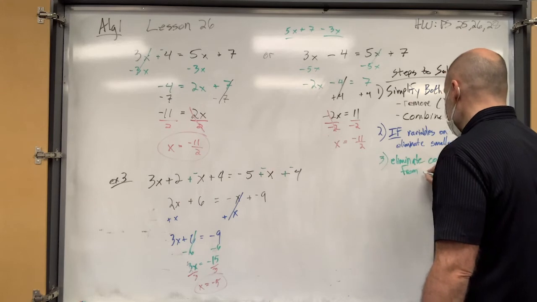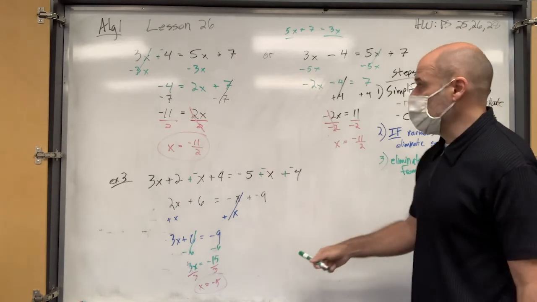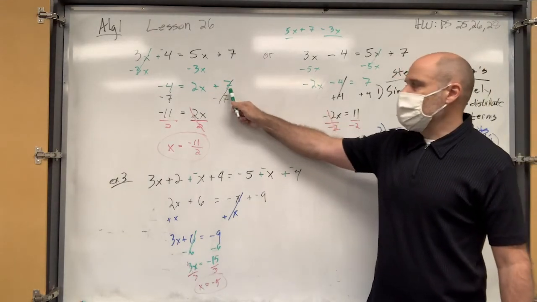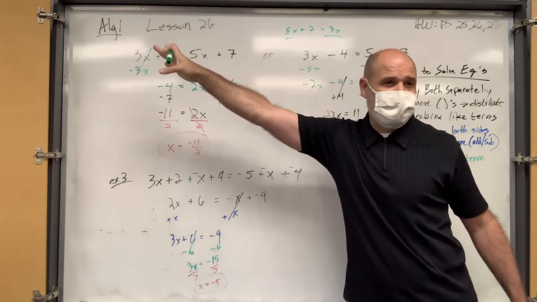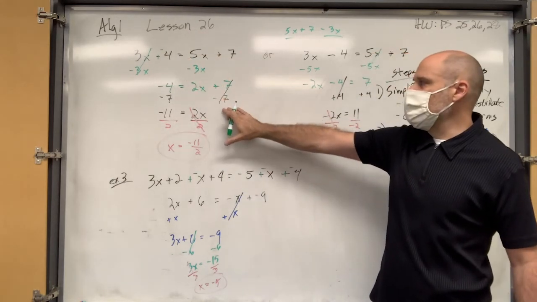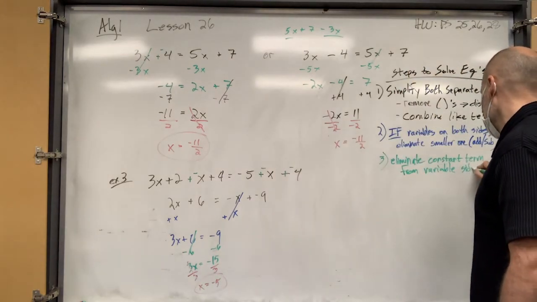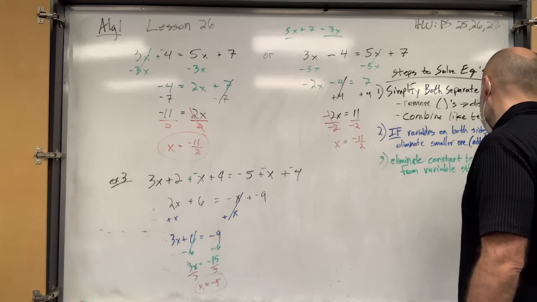Now, make sure you say from the variable side. It's not always going to be the left side or the right side. Like over here, we have to get rid of the 7, not the negative 4. We're used to getting rid of stuff on the left side, right? But in this problem, we got rid of stuff on the right side. So this is an add or subtract problem as well.